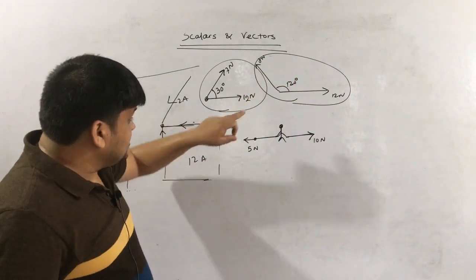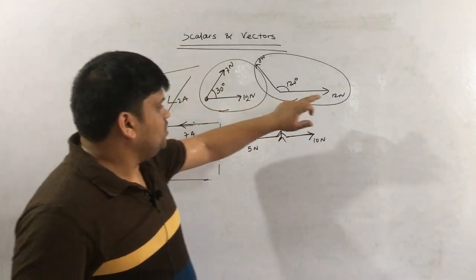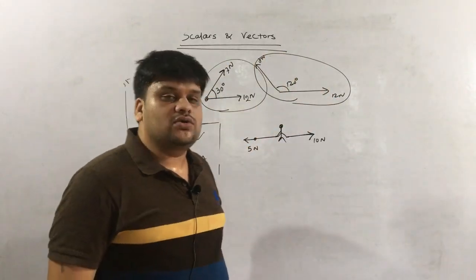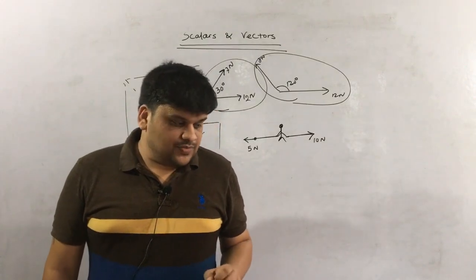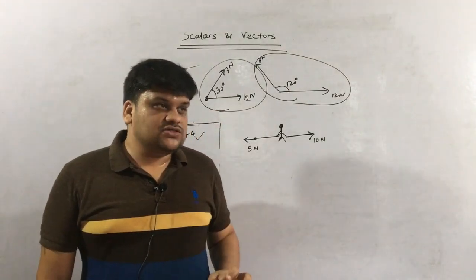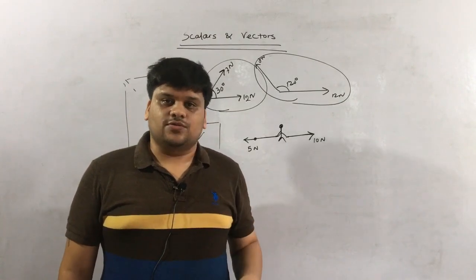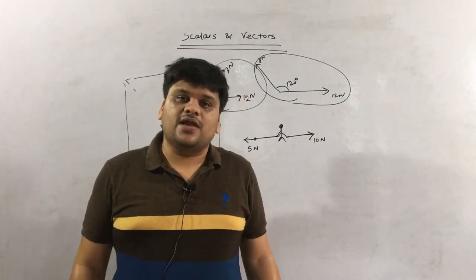The forces are the same, 12 Newton and 7 Newton, but the results are different. It means while dealing with force, you have to take care of the direction from which the forces are applied.